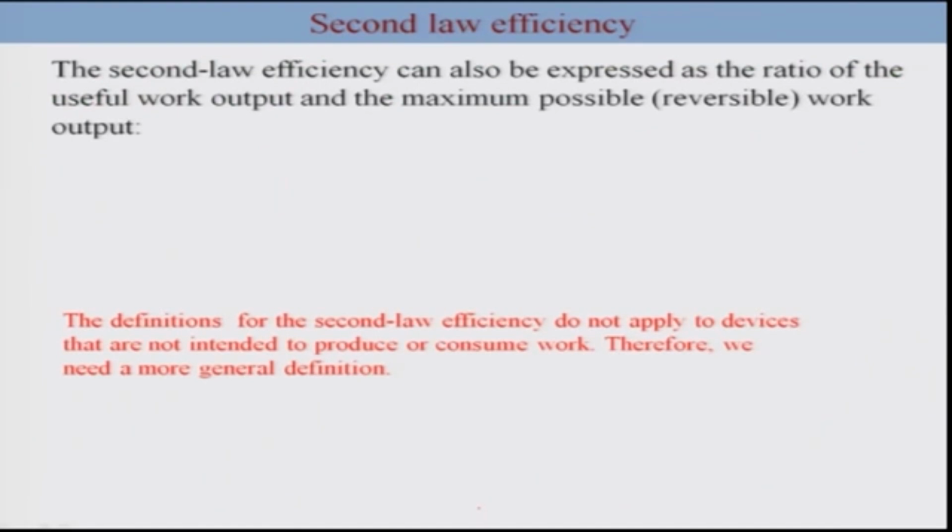And similarly, you can also express this for a work consuming device, where we put W reversible in the numerator and W useful in the denominator, because of course the reversible work is going to be less than the useful work, and since we want the efficiency not to be more than 100%, for consistency we consider this definition for the work consuming device.